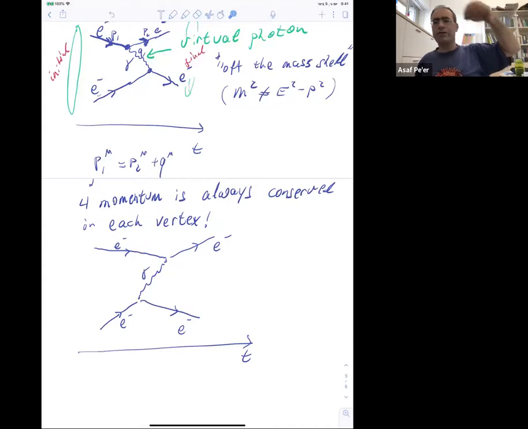Everywhere you are, I'm here, I can measure a temperature. I can go here, I can measure a temperature. But there is a temperature everywhere, right? So this is a field. Now in quantum field theory, the field fills the entire space, and the particles are just quantum excitations of the field. Again, I'm not going to teach you quantum field theory, but this is the basic idea.